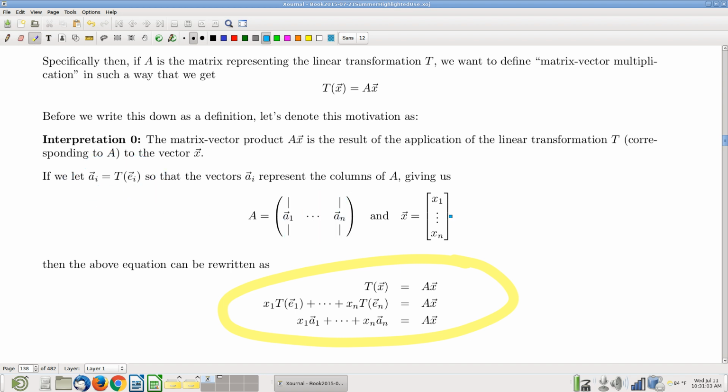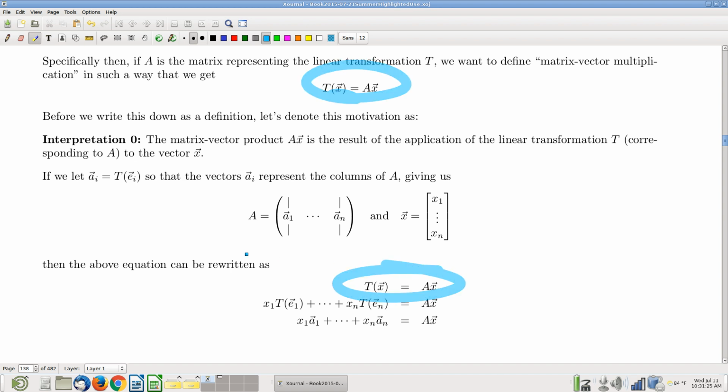So I claim that this choice that we've made, that I would like matrix vector multiplication to come out of the action of the linear transformation, dictates what the formula for matrix vector multiplication has to be. It has to be as follows. That's what we're starting with.